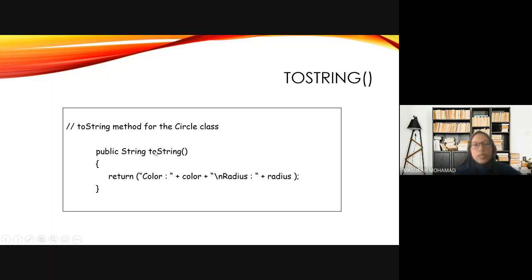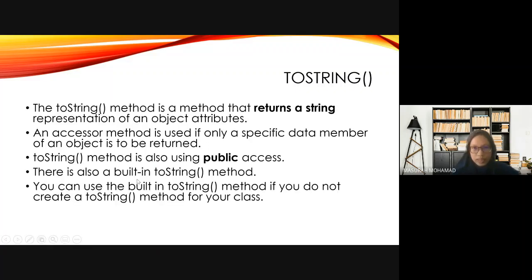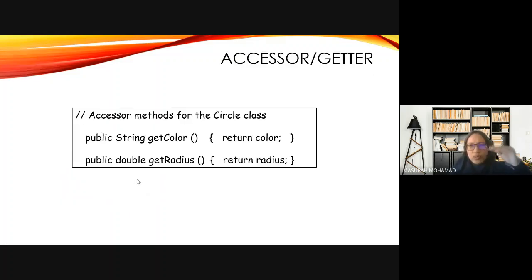The name toString cannot be changed. It's like a reserved word, so you need to call toString like this. Then you just follow it with return and the attribute that you want to return. Like just now, return color. With the accessor, it returns color, the attribute name.